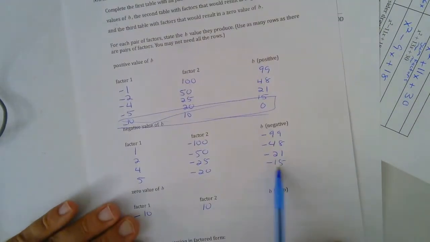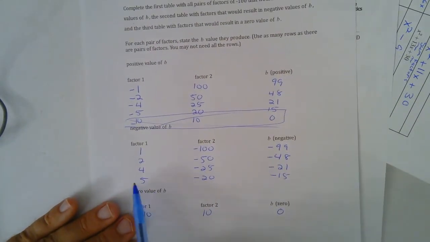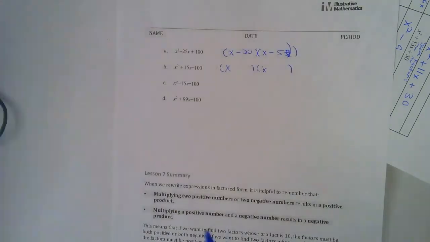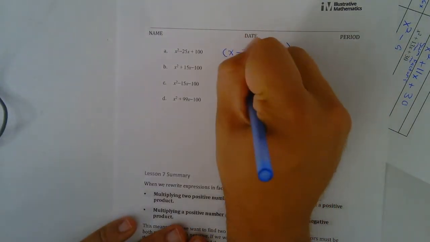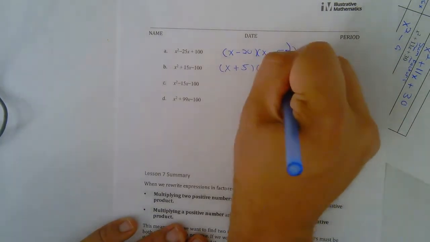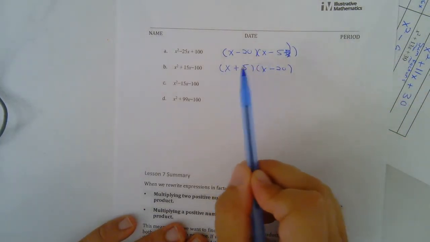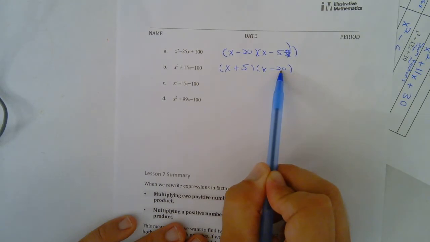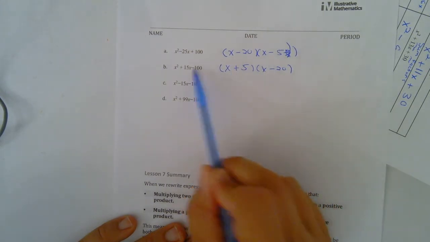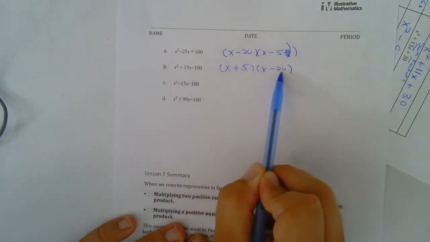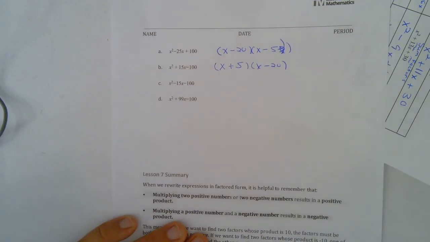And then we look for a sum of negative 15. And it's right here. It would be x plus 5 and x minus 20. Because negative 20 times 5 is negative 100, and 5 plus negative 20 is positive 15.